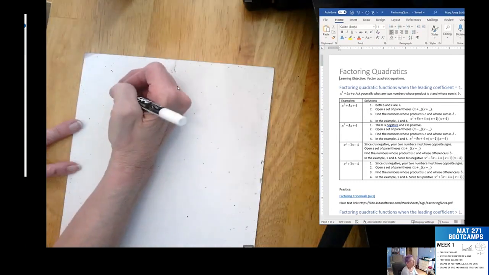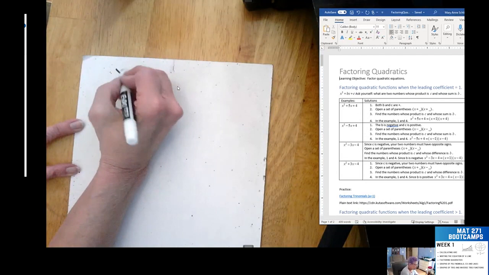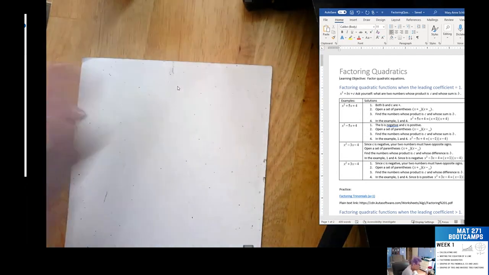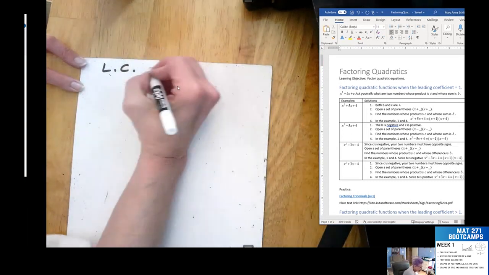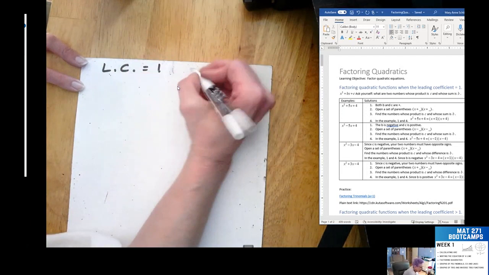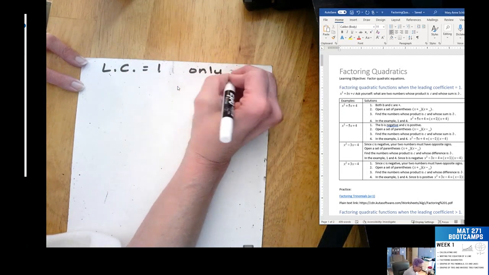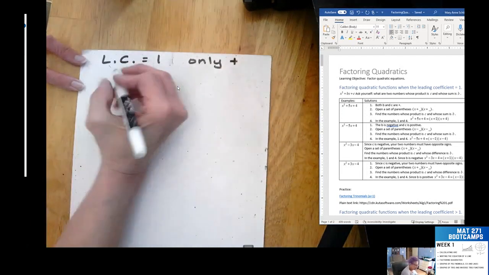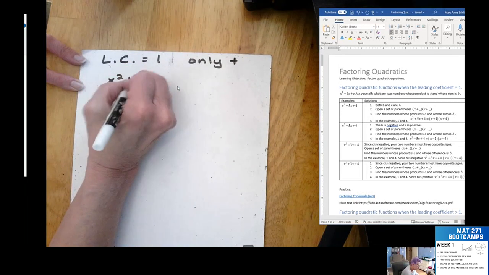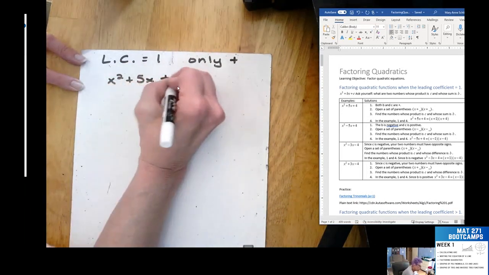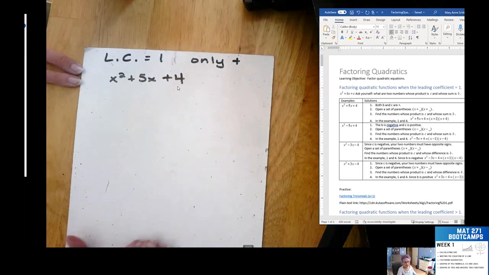And not only that, but to even make it simpler, we have nothing but plus signs. So leading coefficient of 1. I'm going to write LC for leading coefficient equals 1 and only plus signs. So something like x squared plus 5x plus 4.